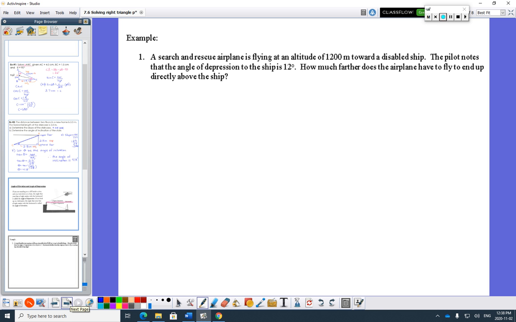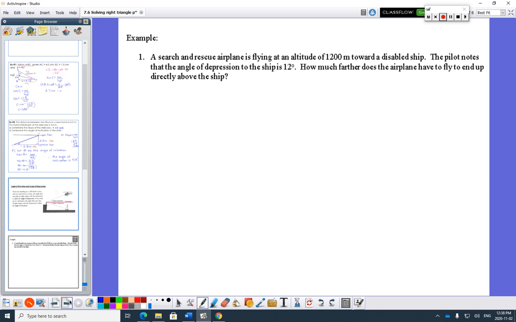So a search and rescue airplane is flying at an altitude of 1,200 meters towards a disabled ship. The pilot notices that the angle of depression to the ship is 12 degrees. How much farther does the airplane have to fly to end up directly above the ship?